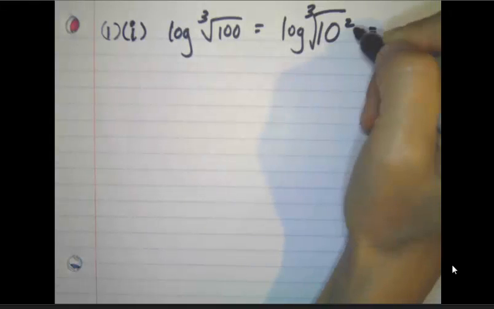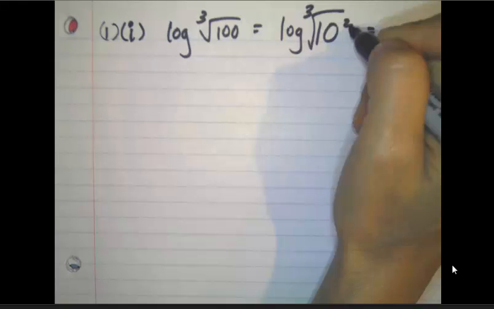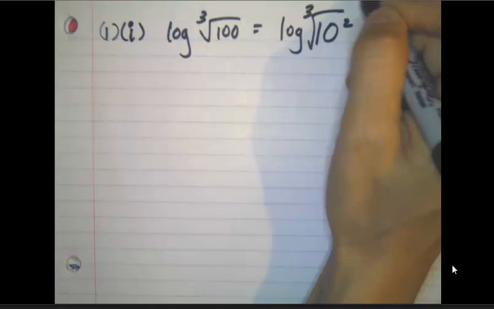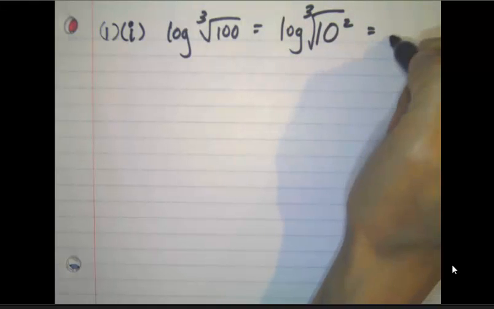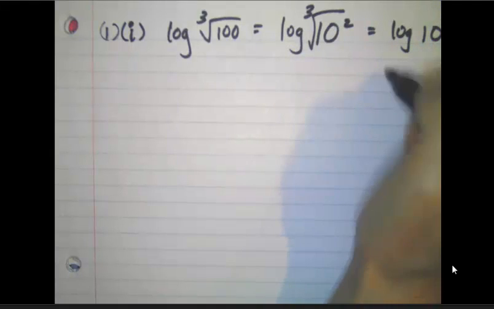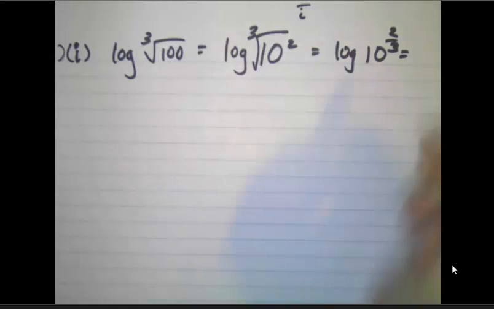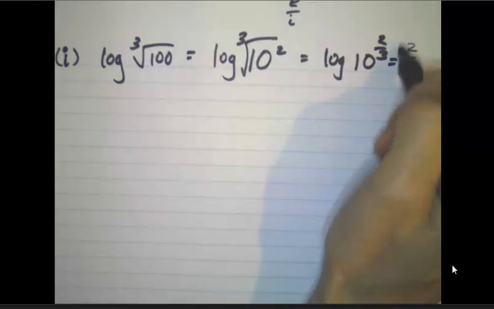And then we know this is the index, this is the exponent. Old MacDonald had a farm, EI. So I want the E on the top and I on the bottom. So it's going to be log base 10 of 10 to the 2/3, and that's going to equal 2/3.